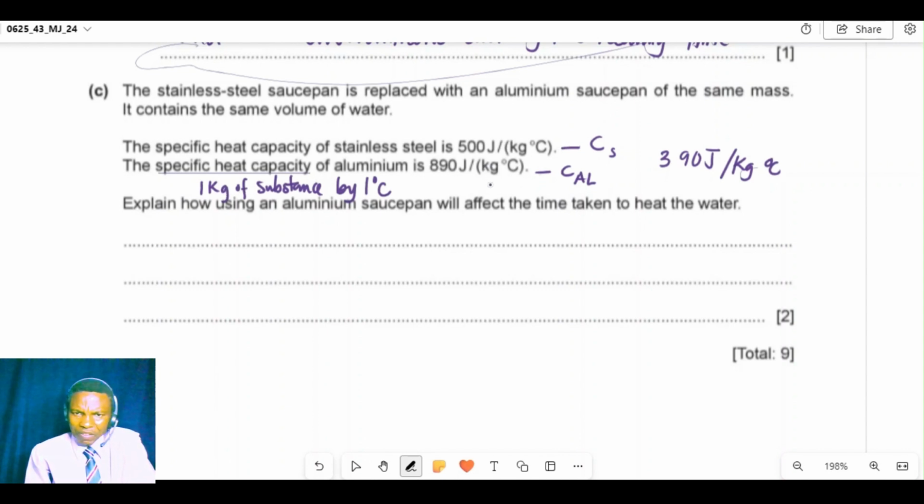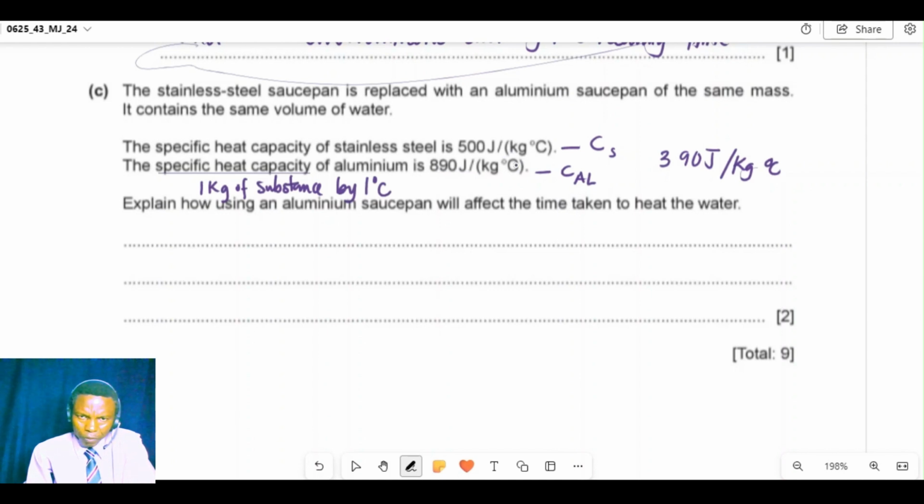That means aluminium, the specific heat capacity is 890. That means 1 kg of aluminium will require 890 joules of thermal energy for the temperature to rise by 1 degree Celsius.